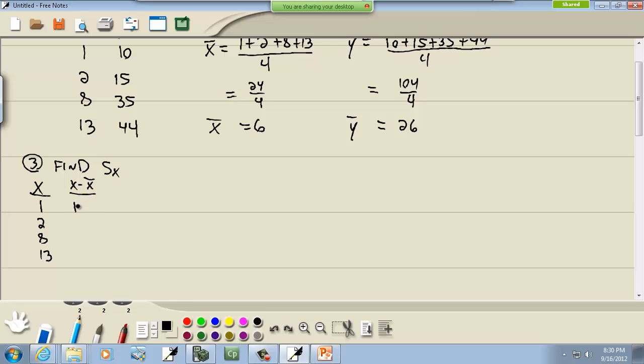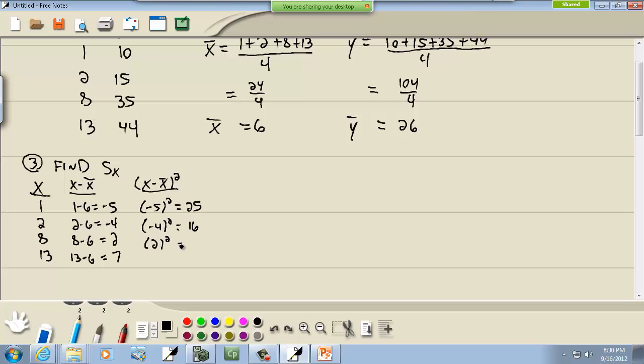And x bar was 6, so we got 1 minus 6 equals negative 5. 2 minus 6 is negative 4. 8 minus 6 is 2. 13 minus 6 is 7. And we'll have x minus x bar squared. So we'll have negative 5 squared, which is 25. Negative 4 squared, which is 16. 2 squared, which is 4. And 7 squared, which is 49.